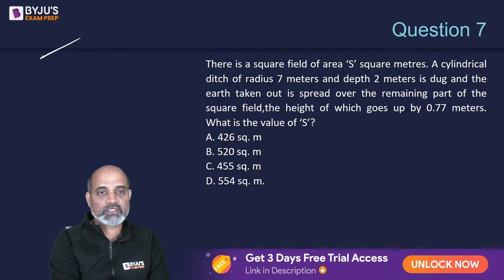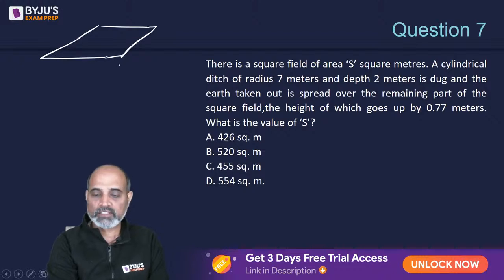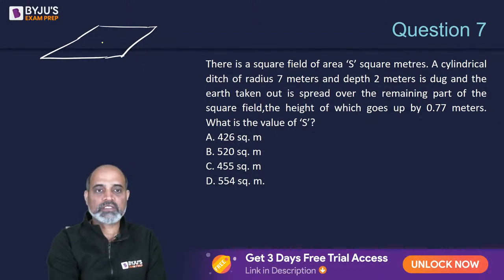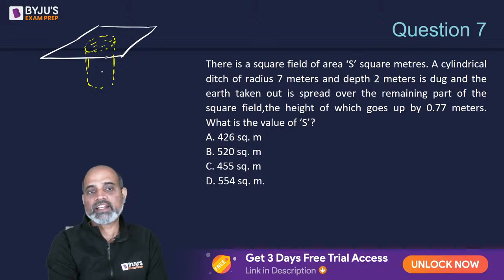So what happens is we have a square field. So let's visualize the square field like this. Then we are going to dig a cylindrical pit, okay, and whatever is the volume of the soil that has been dug up, it is spread at the remaining portion.